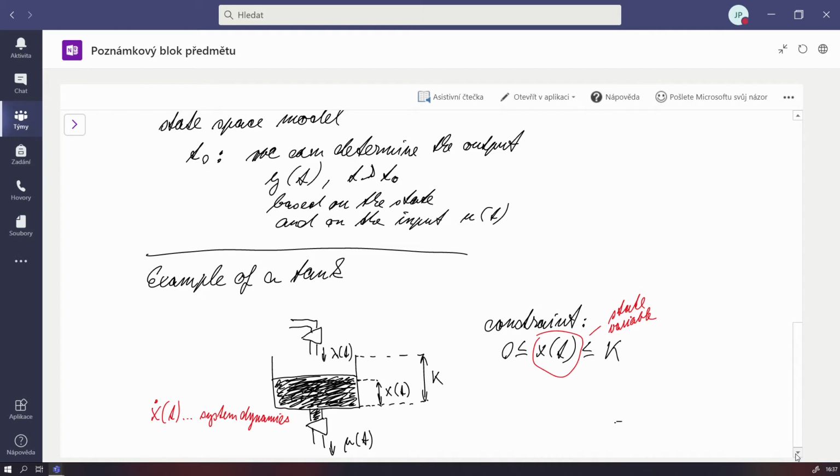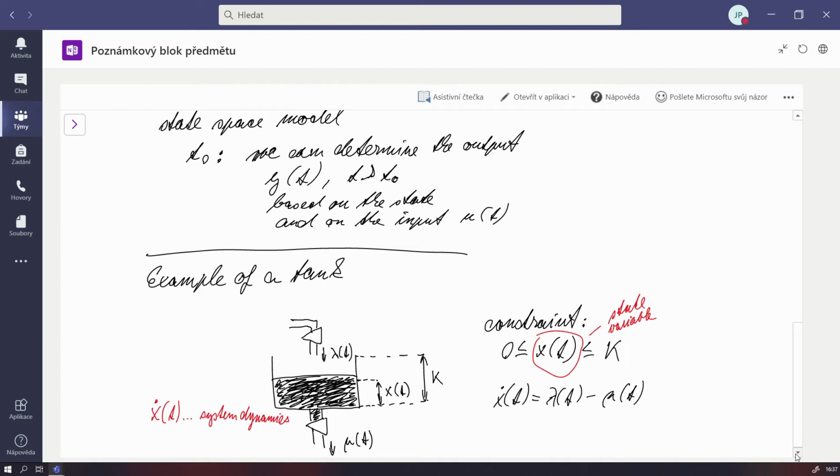And the system dynamics can be simply represented as the difference between the inflow and the outflow. Lambda t minus mu t.